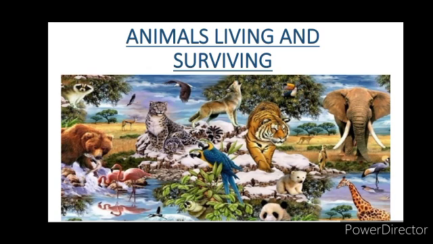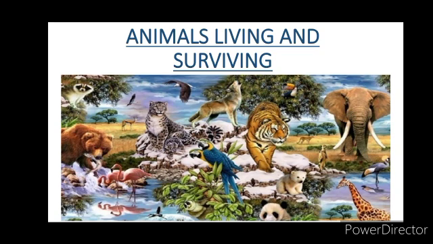They are further divided into five broad groups: fish, amphibians, birds, reptiles, and mammals. Animals that do not have a backbone are called invertebrates. Butterflies, ants, cockroaches, beetles, earthworms, and spiders are some examples of invertebrates.